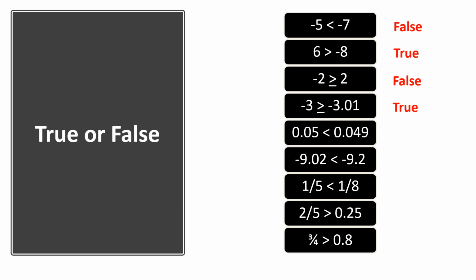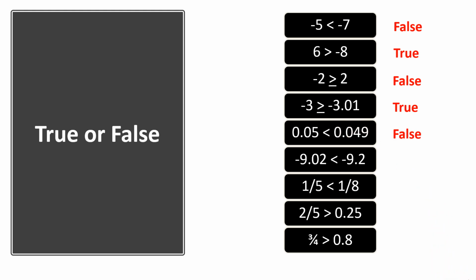0.05 is less than 0.049. If we think about this as being 3 digits, this needs to have 3 digits. So if we add a 0, this would become 0.050 compared to 0.049. This is the larger number, but the inequality symbol is saying the other is larger. So this is false.